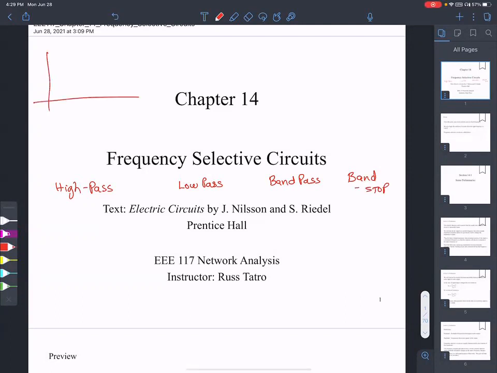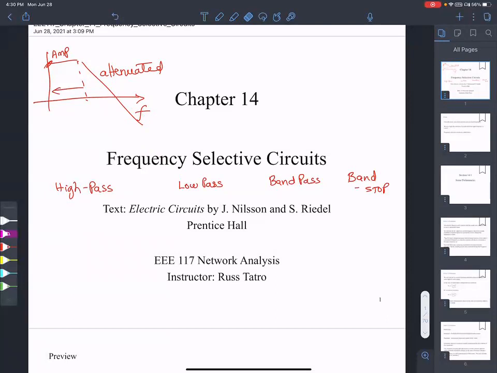If you have frequencies along the x-axis, and the lower frequencies are amplified or not attenuated, and the higher frequencies are killed, rolled off, attenuated, that's called a low pass filter. A low pass filter lets lower frequencies pass, but it does not let higher frequencies pass through.